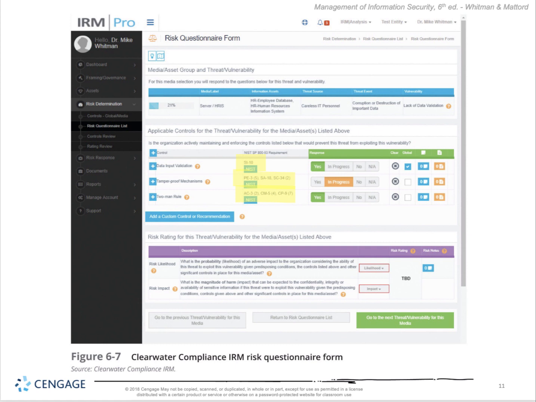Another example is the Clearwater Compliance IRM. This is another risk management framework, specifically designed for the healthcare system. It means you have a risk management framework that specifically addresses the HIPAA regulation.